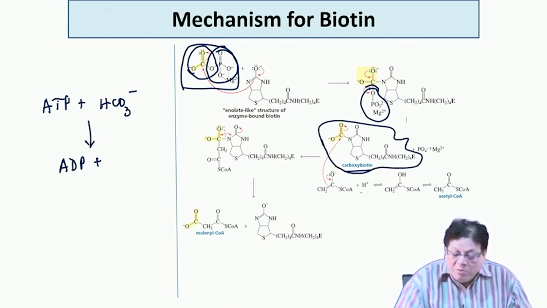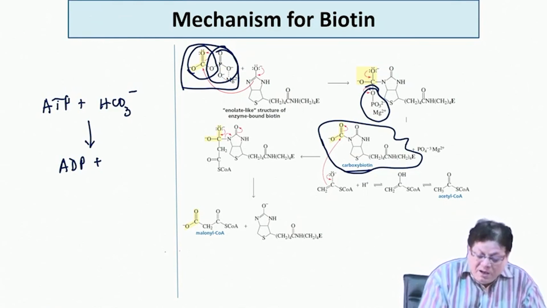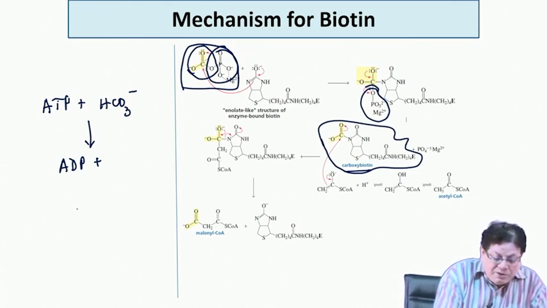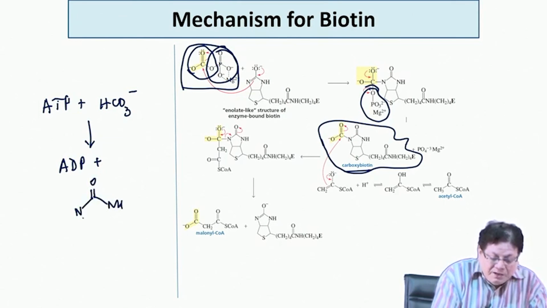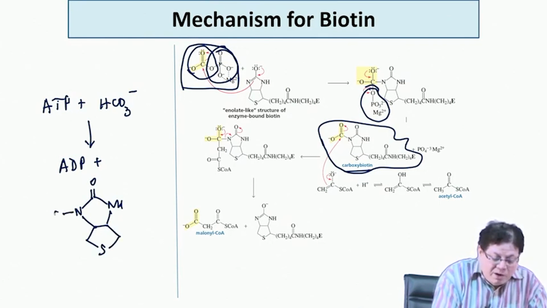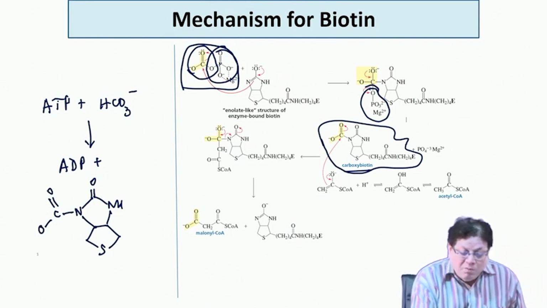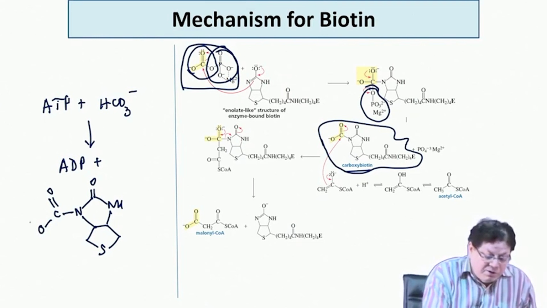Now, from N-carboxybiotin, suppose you have this, so N-carboxybiotin is N double bond O, then NH, then this sulfur and that. So, you have this CO and O minus, N-carboxybiotin.